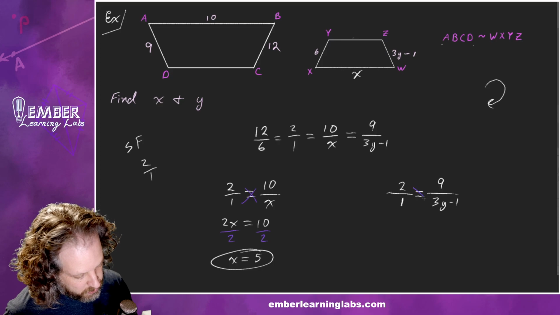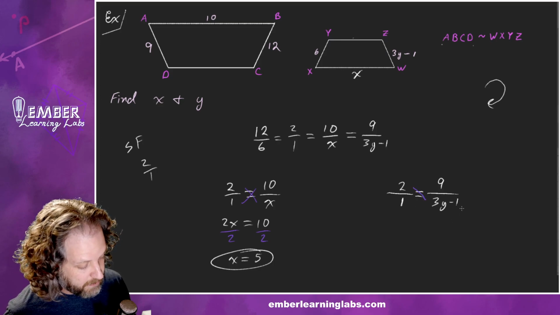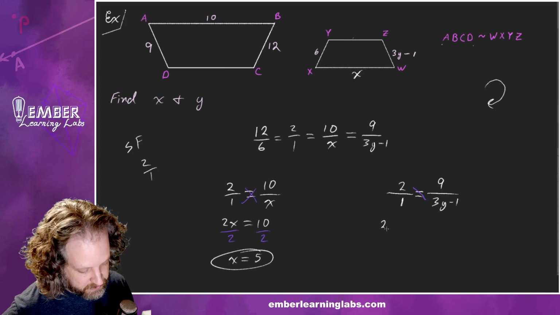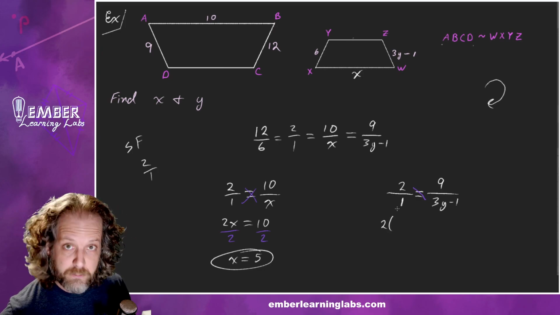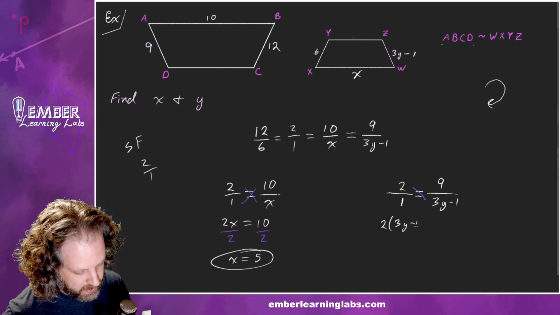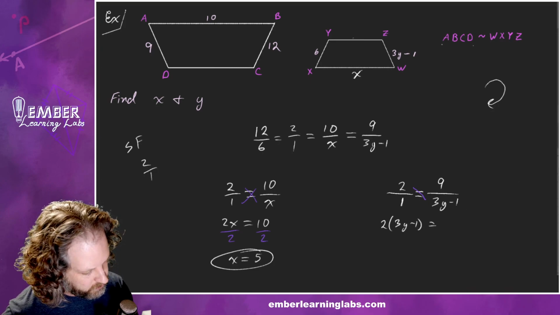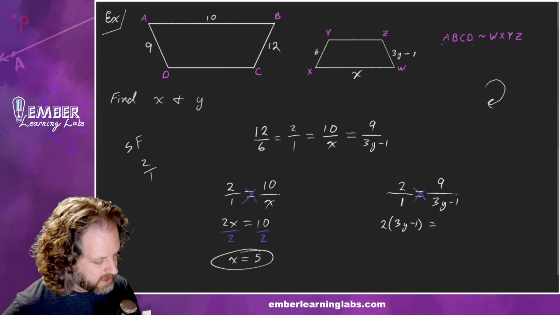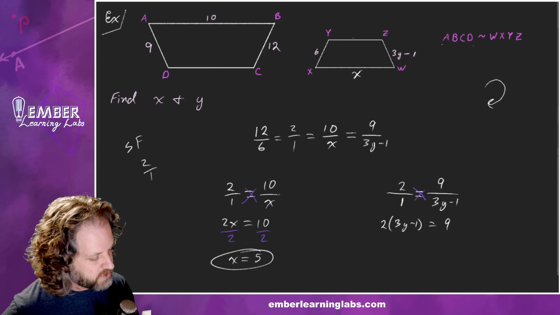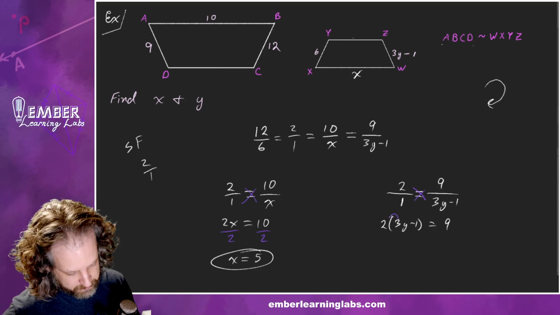So 2 times 3y minus 1. I'm going to write that all the way out because you have to remember to distribute that 2. Es muy importante, right? 2 times 3y minus 1 equals 1 times 9, which is 9. So we're going to distribute this 2.